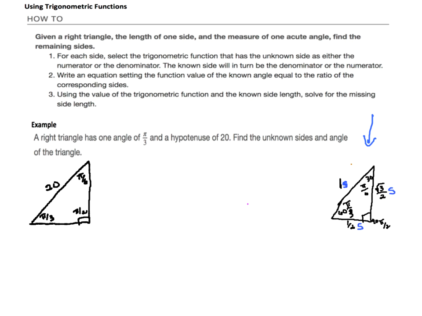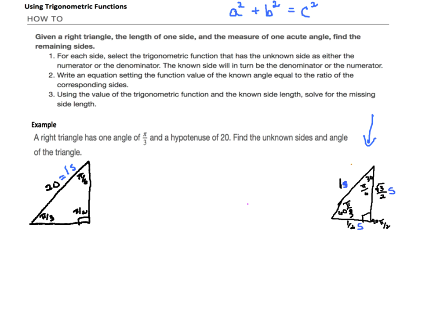I didn't show that to you just for the sake of time with the lecture, but I'm sure that y'all are very much familiar with the Pythagorean theorem that says one leg of the right triangle squared plus the other leg of the right triangle squared is equal to the hypotenuse squared. That's how these side lengths were set up. Okay, so we know that this 20 is equal to 1 times S.